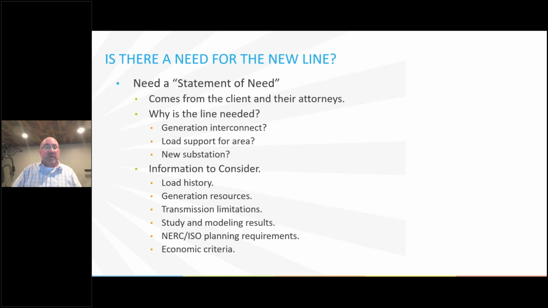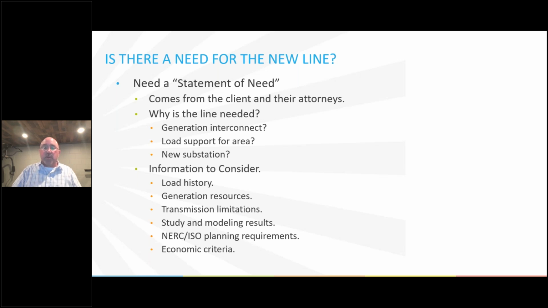So information to consider: historic and projected loads, present and forecasted generation resources to meet projected loads, transmission system limitations and bottlenecks, results of typical planning studies and modeling, NERC and ISO planning requirements for reliable system operation, economic criteria to provide for prudent and least cost planning.